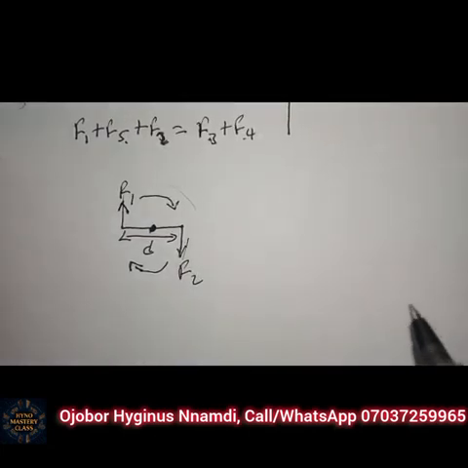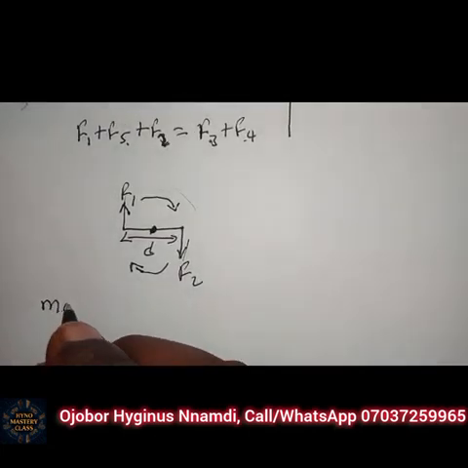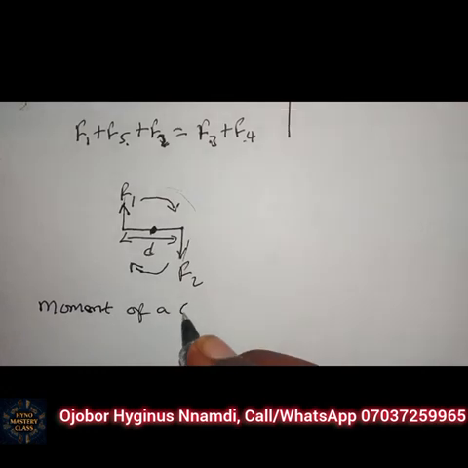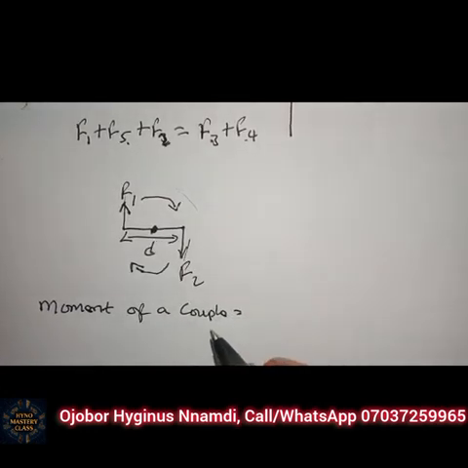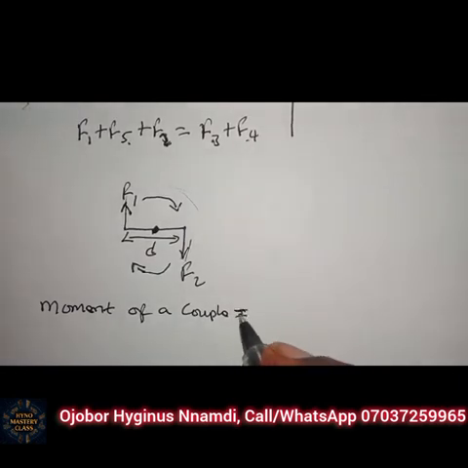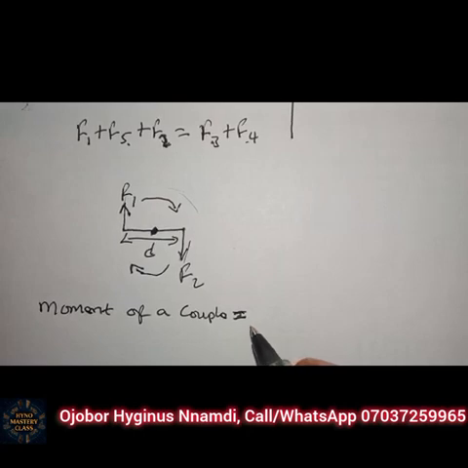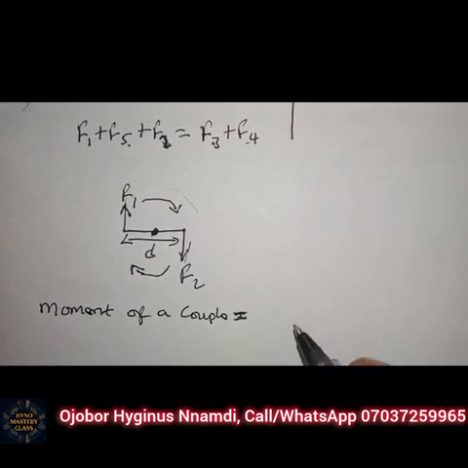Just like we have moments of a force, we also have moments of a couple. The moment of a force is the product of the force and the perpendicular distance from the turning point to the line of action of the force. The moment of a couple is the product of one of the forces and the perpendicular distance between the lines of action of the two forces.